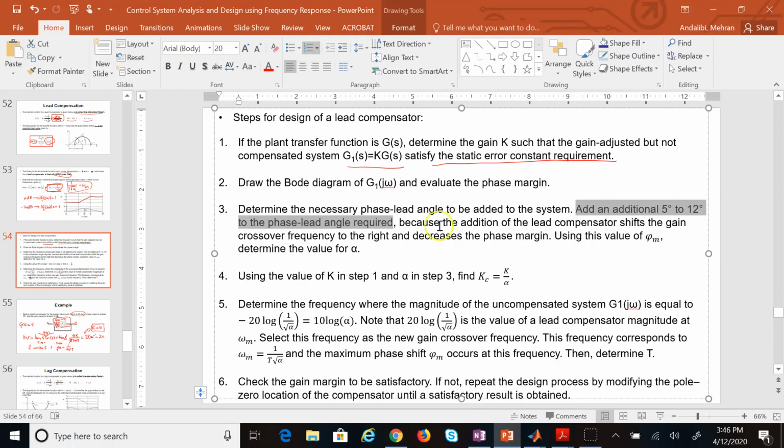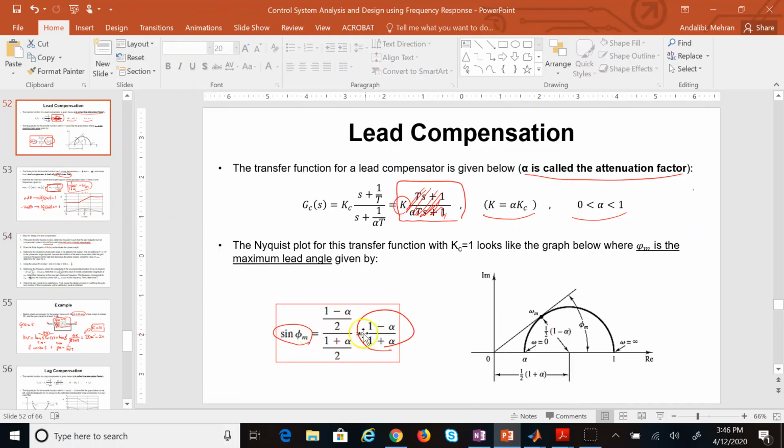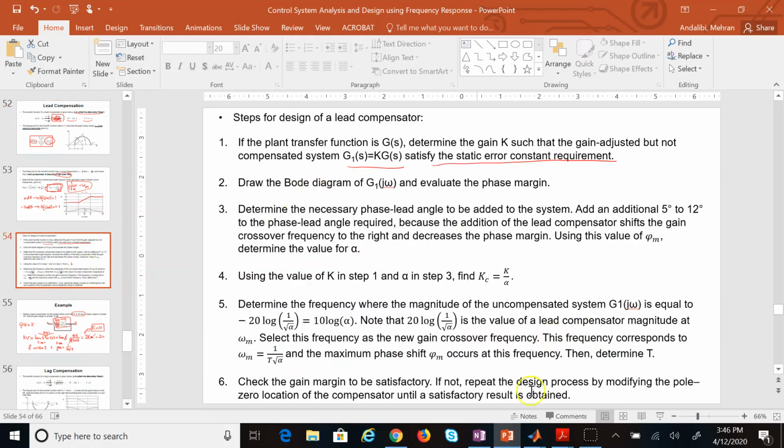In other words, if I only set alpha from this formula to contribute only 38 degrees, exactly as much as I need, okay? And then I design my compensator based on 38 degrees phi m, and go back and look at the new system with phi m of 38 degrees, I'm going to see that if I redo the Bode plot for that, the phase margin is not going to be 50.